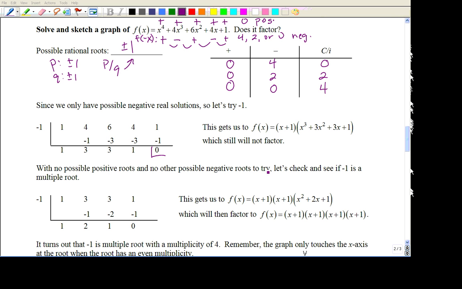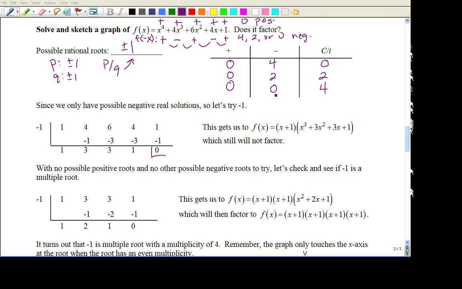So there's the possibility that it could be a multiple root. The reason we're not going to check positive 1 again is that we don't have any positive real roots. So we need to check to see if it has a multiplicity, since we can have only 4, 2, or no negative roots.